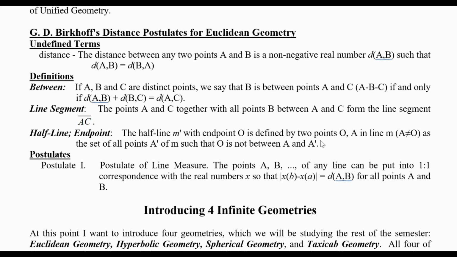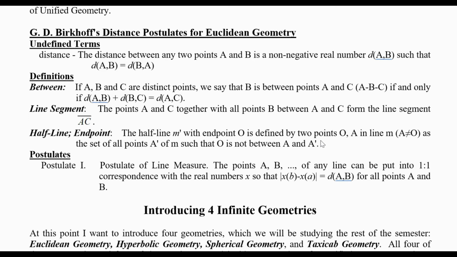The distance between any two points A and B is a non-negative real number such that the distance from A to B is the distance from B to A. Between, line segment, and half line or endpoint, those are all terms that we're going to actually define, whereas between was left as an undefined term in Hilbert's approach.